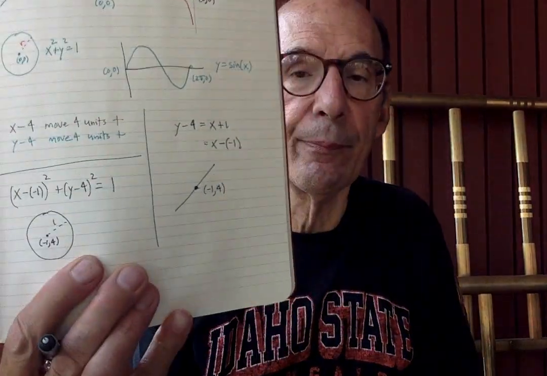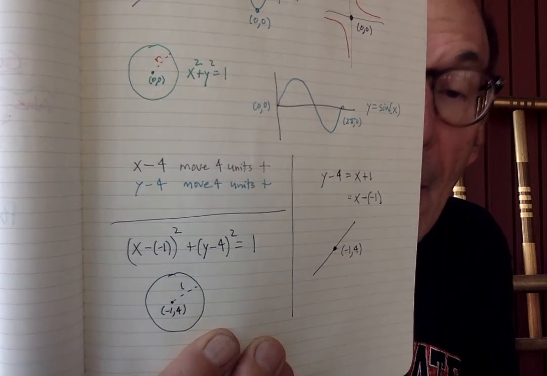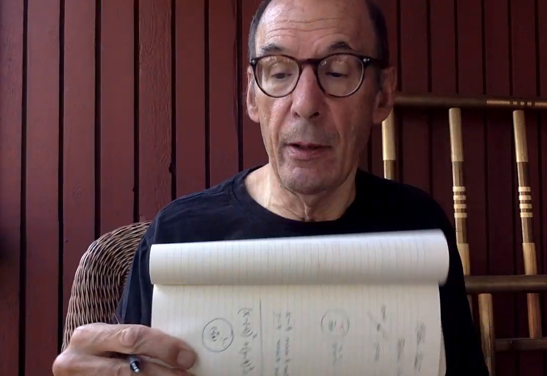And so that's just a circle, radius 1, but now the anchor point has been moved to minus 1, 4, and the radius is still 1. So there's what we do with the circle, and that's it. No, it isn't.